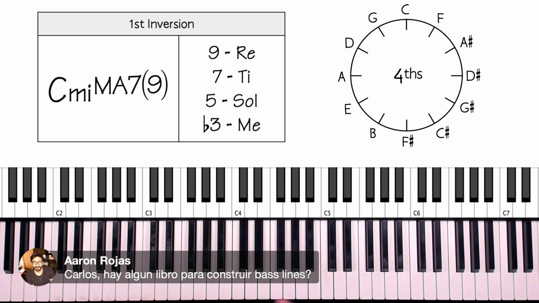So Aaron, how about next week? Promised. Next week, I'm going to do my whole lecture on how to construct bass lines, but there are some prerequisites. Prerequisites for that would be some understanding of chord and scale pairing.